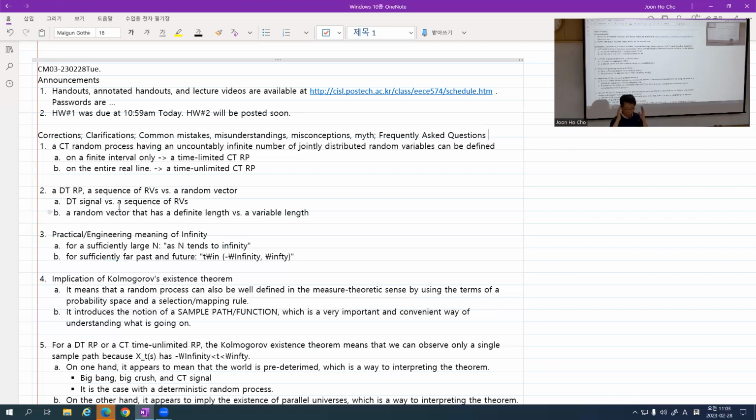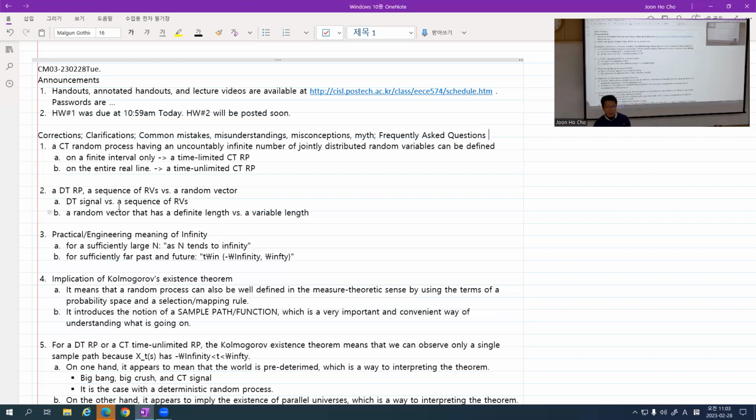So you may have a conception like that: a CT random process is to model a continuous time signal expanding the entire real line with uncertainty. That is not correct. That is only a part of the story.